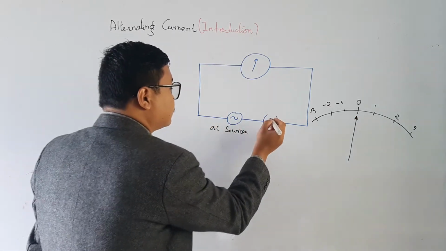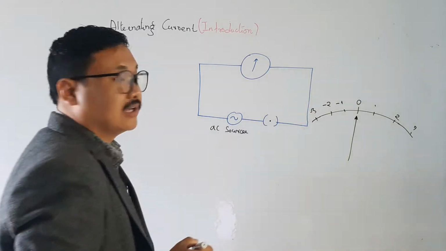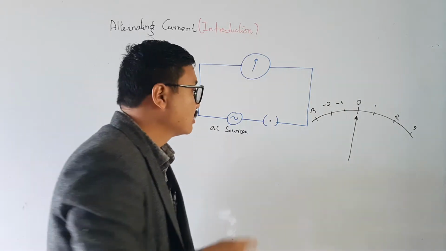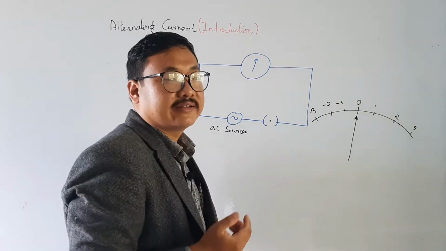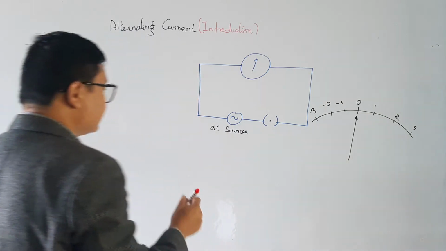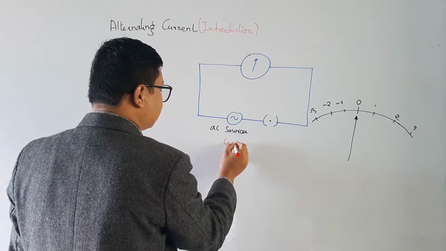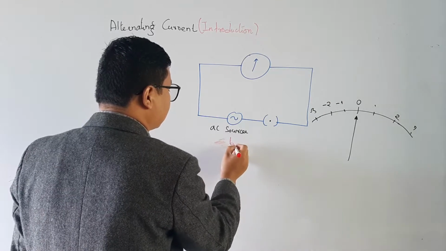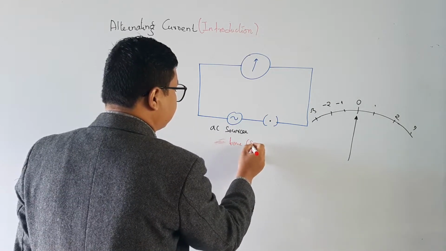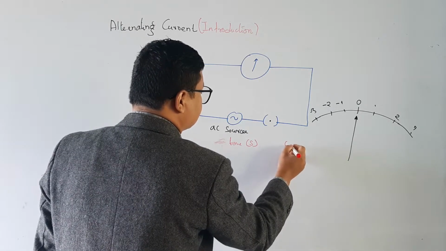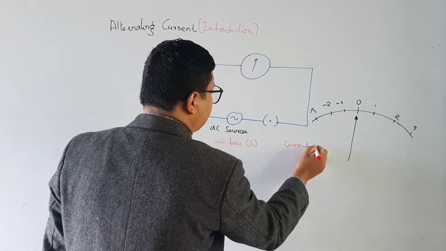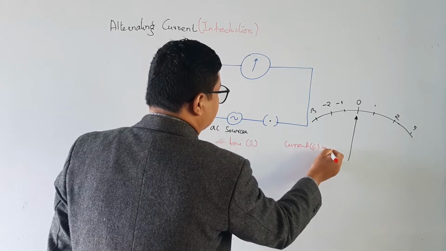Now I switch this on, I make this circuit closed so that the current will start flowing. So let us make a small table here: time in seconds, and current I in ampere.